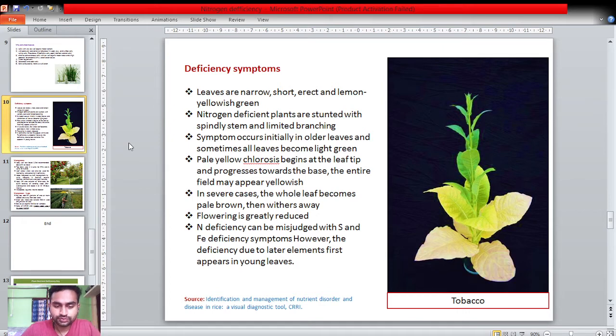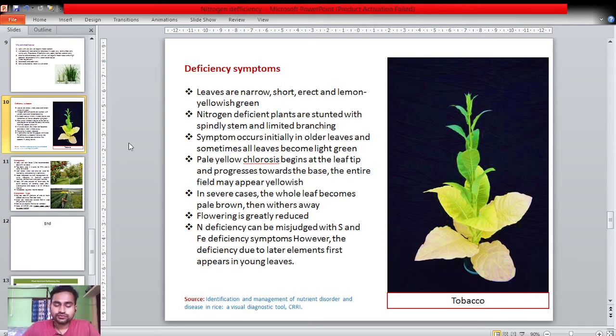So this is a very important point here, that sometimes we get confused between nitrogen deficiency and other deficiencies. So how do we differentiate these two deficiencies? For nitrogen deficiency we have to be very vigilant about where it is starting. When it starts from the very lower leaf, that means it is nitrogen deficiency. But if the same deficiency is also coming to the top leaf, or the topmost leaf, it can be sulfur or iron deficiency, because sulfur and iron are less mobile, they cannot move towards the top part of the plant.